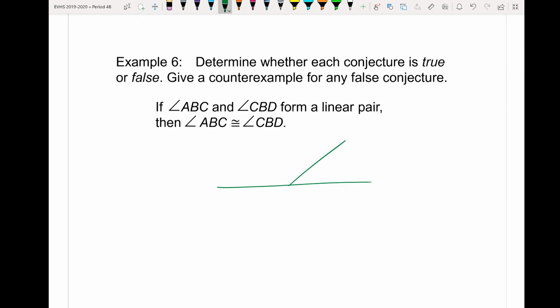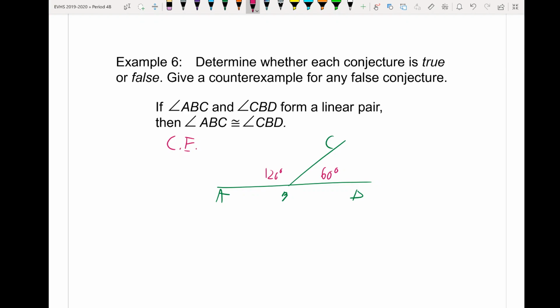Is it true that angle ABC is congruent to CBD? No. Give me a counterexample. A specific set of numbers will work. 120 and 60. If this is 120 degrees and this is 60 degrees, they're not congruent, right? So that's my counterexample. In this case, the entire picture is my counterexample.